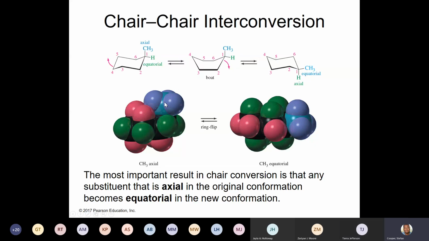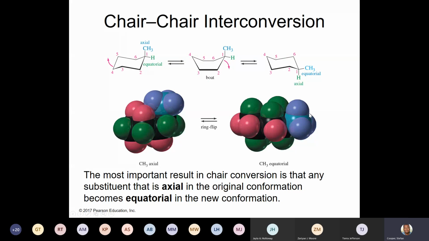If I look at where the methyl group is axial, I'm starting to see something. These methyl groups are really hitting these red axial ones, so this becomes a bad interaction right up in here, right where my mouse is located. Placing this axial puts it closer in contact with other axial constituents.